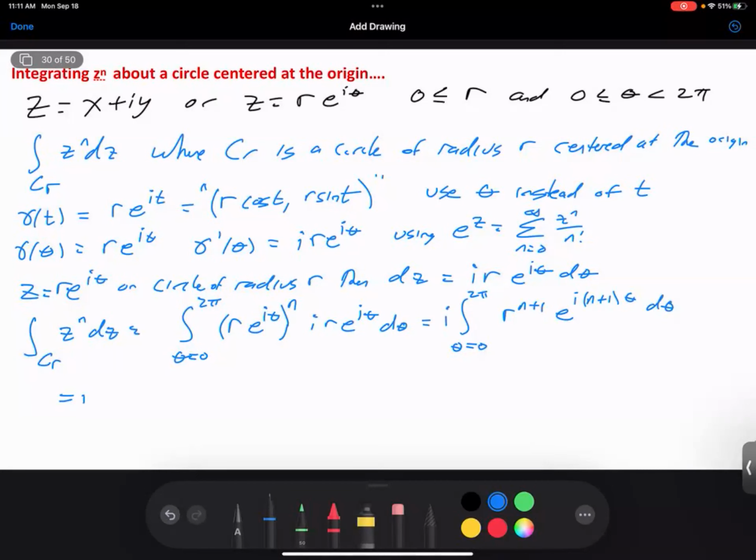So this is the same as i r to the n plus 1 times the integral as theta goes from 0 to 2 pi of e to the i (n plus 1) theta, and this is just going to become cosine (n plus 1) theta plus i sine (n plus 1) theta d theta. So what's the integral of cosine or sine if I go through an integer number of periods?